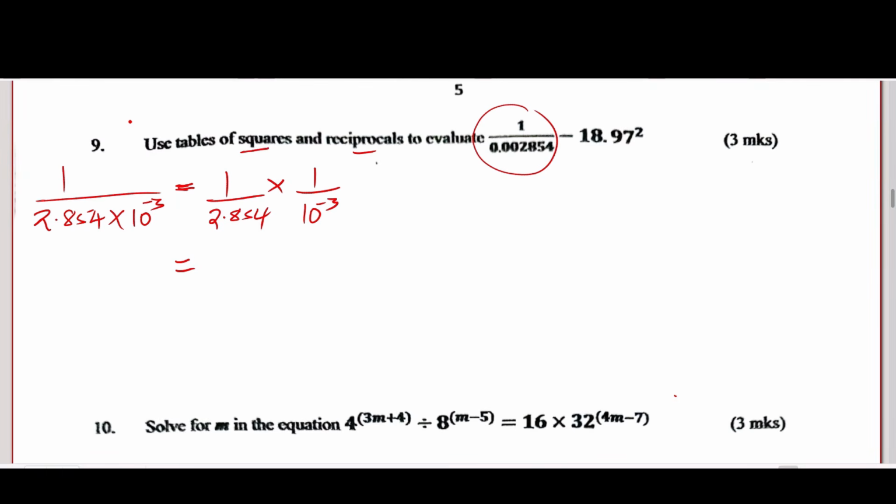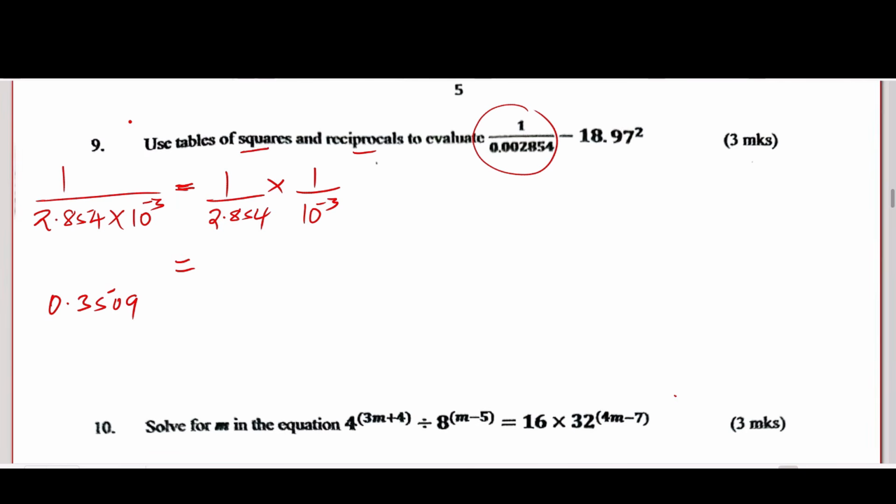You need to be very keen. For the tables of reciprocals, at the end there, you're supposed to subtract, not to add. So let us read from the tables of reciprocals the reciprocal of 2.85. Up to that point, 2.85, you'll get 0.3509. Then you're left with 4.